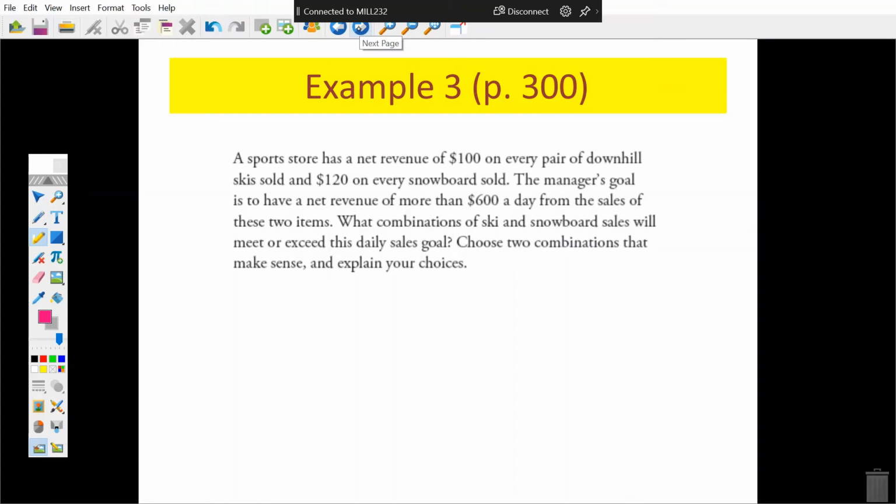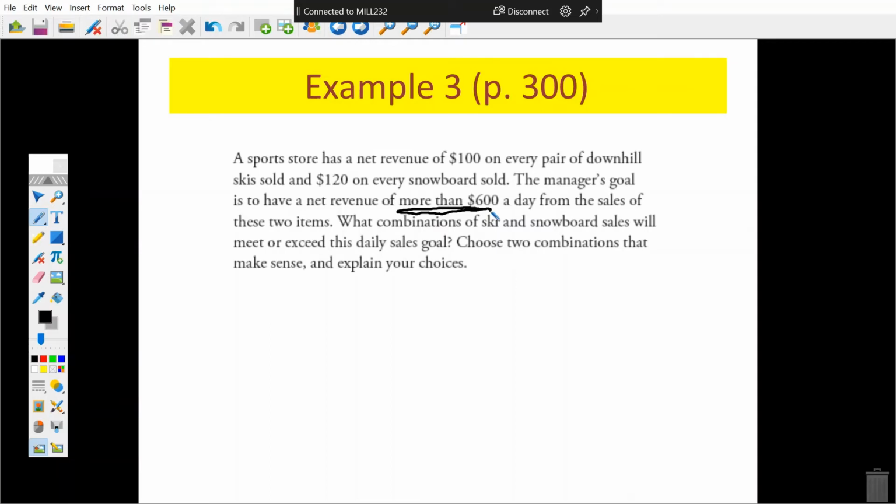A sports store has a net revenue of $100 on every pair of downhill skis sold and $120 on every snowboard sold. The manager's goal is to have a net revenue of more than $600 a day, okay, from the sales of these two items. What combinations of skis and snowboard sales will meet or exceed their daily sales goal?